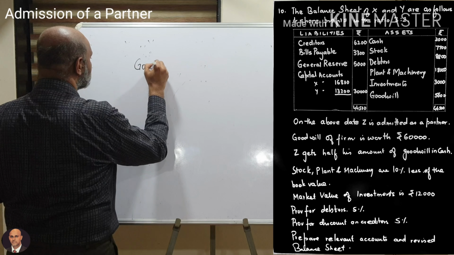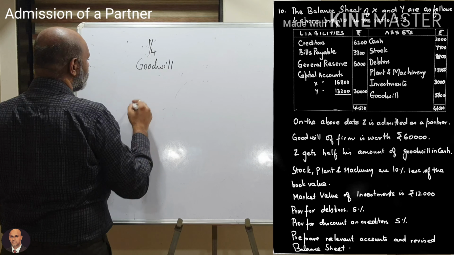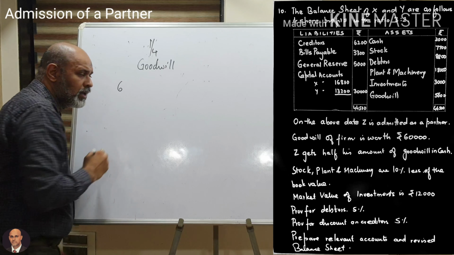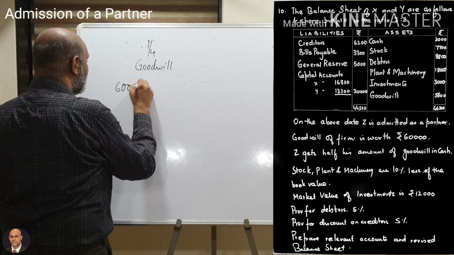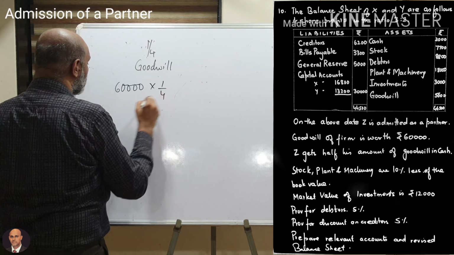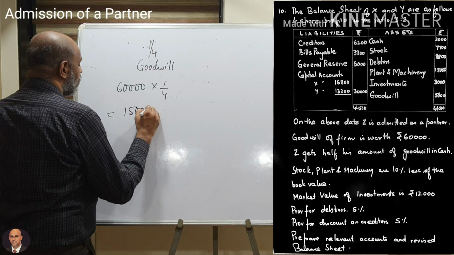Now in this I am assuming that the share of Z is 1/4. So if the value of the firm is 60,000, his share will be 1/4, which means 15,000 is his share of goodwill.